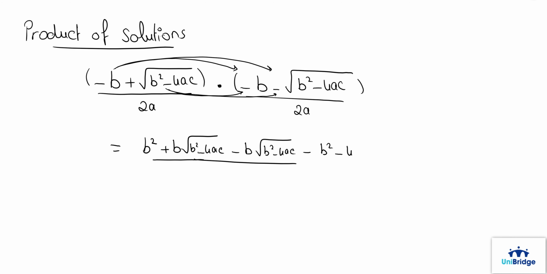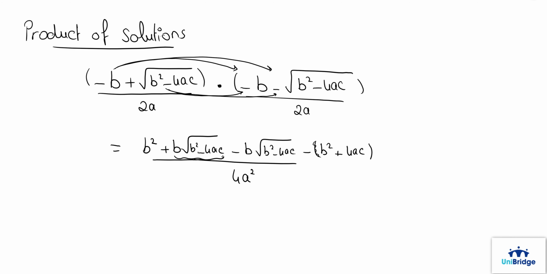So you're going to get this term, and you can remove the bracket and distribute the negative on both, to make this positive and this negative, over 2a multiplied by 2a, which is going to be 4a squared. Now let's simplify.